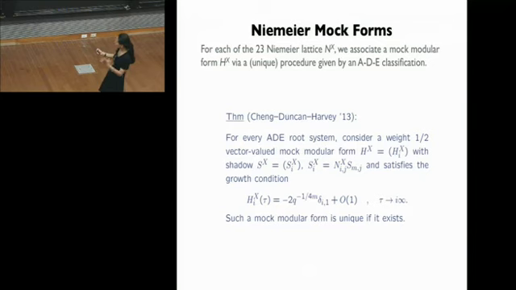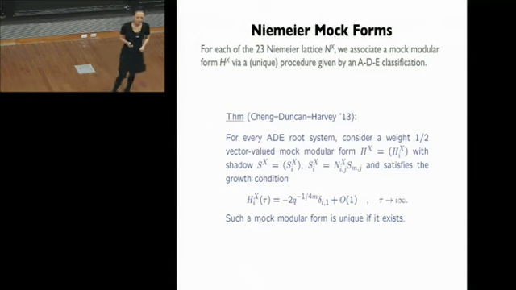For every root system, we can specify a shadow, specify a weight, and then consider a simple growth condition, which says that it can only have a pole near the infinite cusp at the first component. This is a vector-valued thing, and all the other components have to be bounded at the cusp. And then the theorem says that if such a mock modular form exists, it is unique.